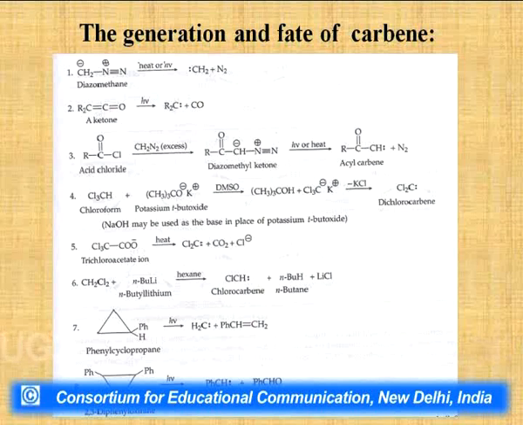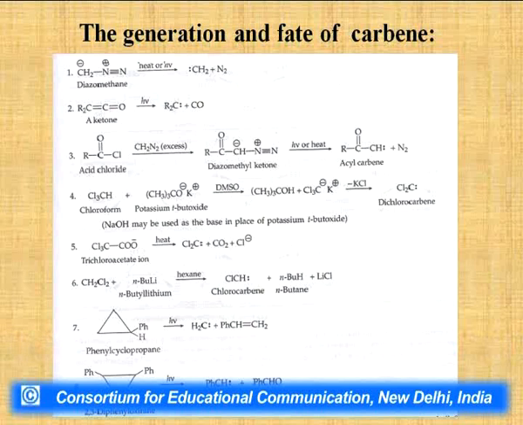Chloroform when reacted with potassium tertiary butoxide in DMSO, dimethyl sulfoxide, forms dichlorocarbene by the elimination of potassium chloride. NaOH may be used as the base in place of potassium tertiary butoxide.